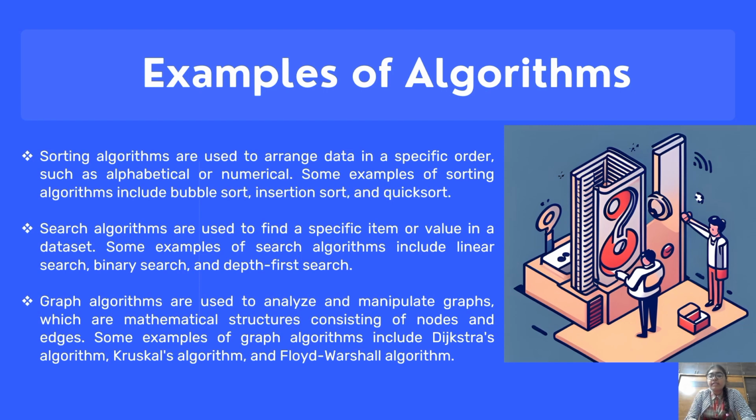Some examples of search algorithms include linear search, binary search, and depth first search. Graph algorithms are used to analyze and manipulate graphs, which are mathematical structures consisting of nodes and edges. Some examples of graph algorithms include Dijkstra's algorithm, Kruskal's algorithm, and the Floyd-Warshall algorithm.